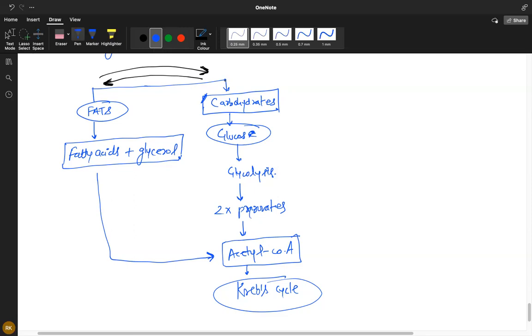If someone is starving and even the fat reserves are over, then as the last resort, the body starts degrading proteins. It's the last resort. So when protein degradation starts, which means the body is eating up itself, our muscle starts breaking down and all that protein is again being broken down to amino acids to keep the brain and the vital organs alive.